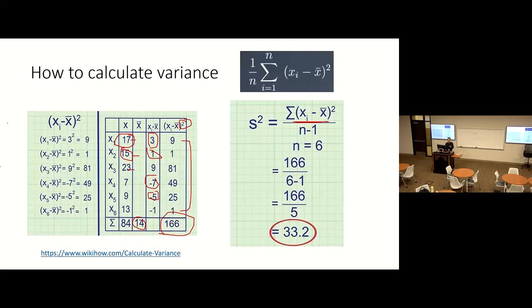So what I just described is here. Then you divide by the total number of samples. You can divide by either n, so 6, or n minus 1. Statisticians believe n minus 1 gives you a better estimation, so they use n minus 1. But not necessarily. If you just divide by n, it will be the same.